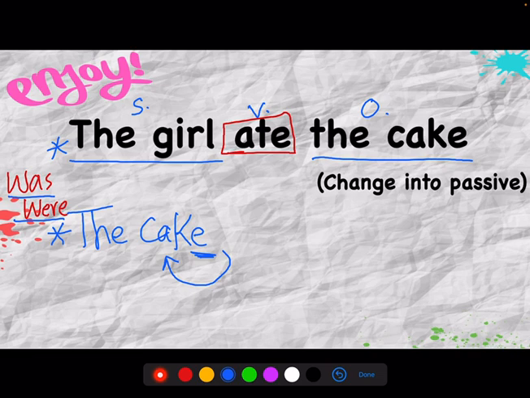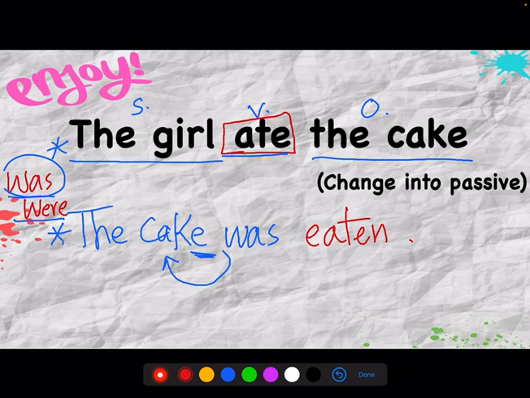So the cake is singular, so I have to use was. The cake was. Where's the verb? Ate. I have to find the past participle for the word ate, so it will be: the cake was eaten. I can end my sentence here, or I can complete it to be: the cake was eaten by the girl.